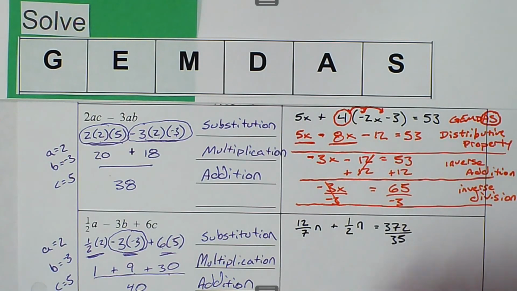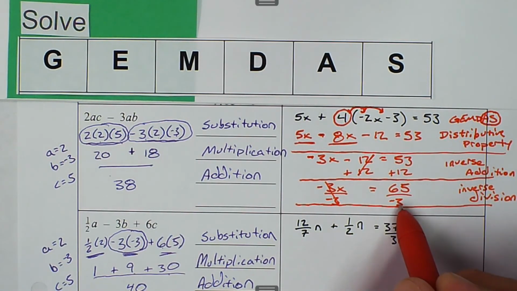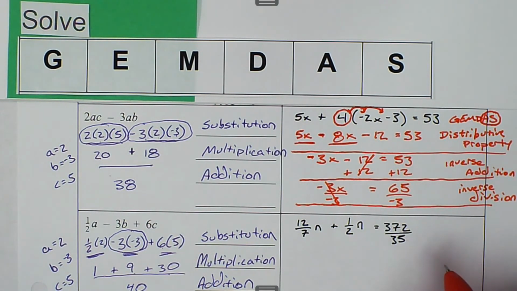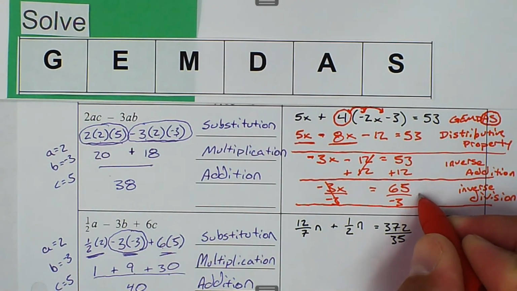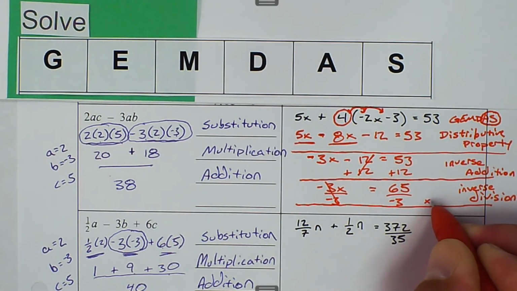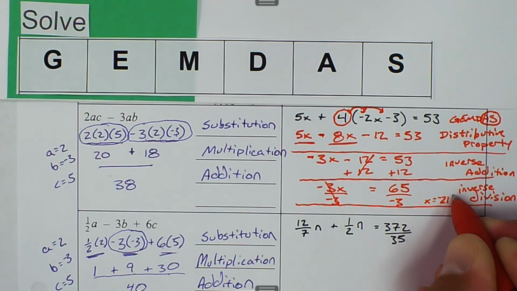So we can cancel these out. And negative 3 doesn't go into 65 evenly, but it does go into it, and it would be x equals negative 21 2/3.